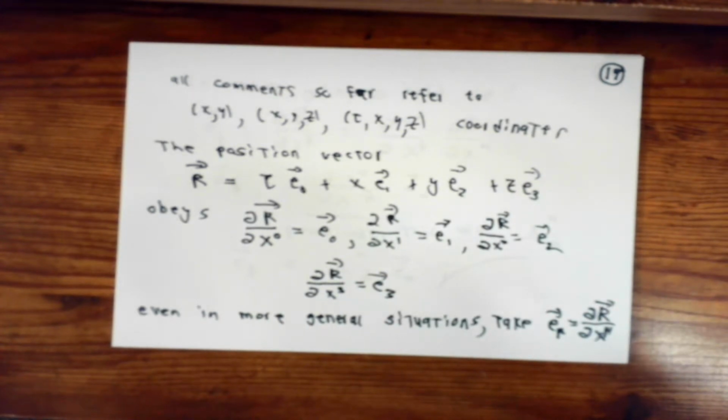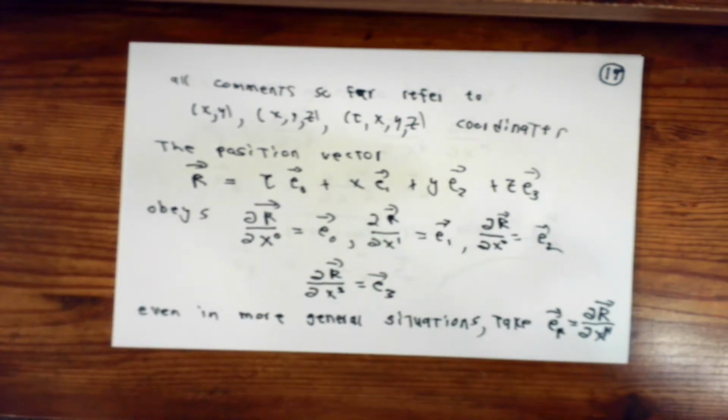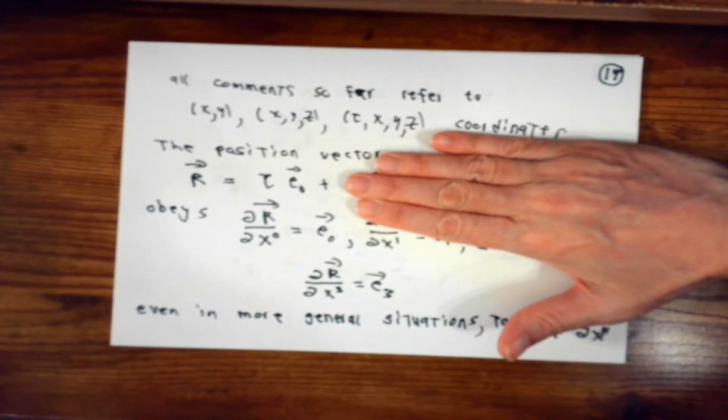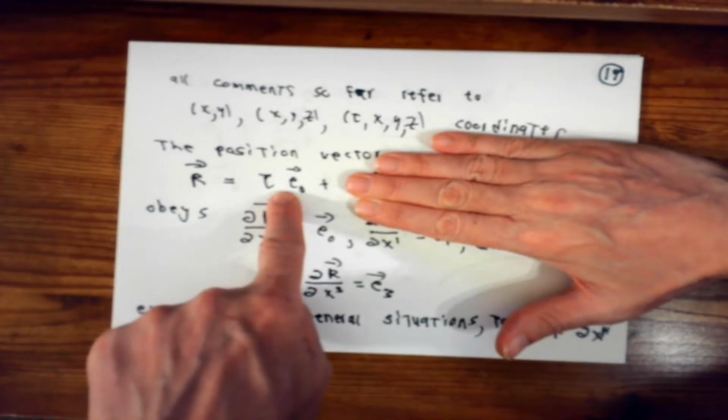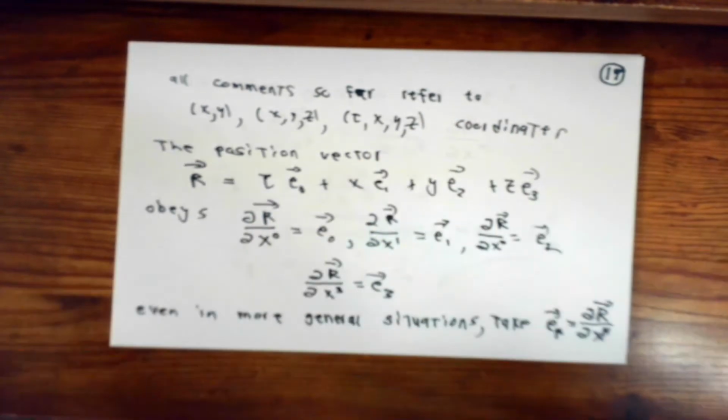If you look at that, if you form partial derivatives, you get the basis vectors. The partial of r with respect to x0, partial of r with respect to t. These last three terms don't contain t. The derivative of that with respect to t is e0.